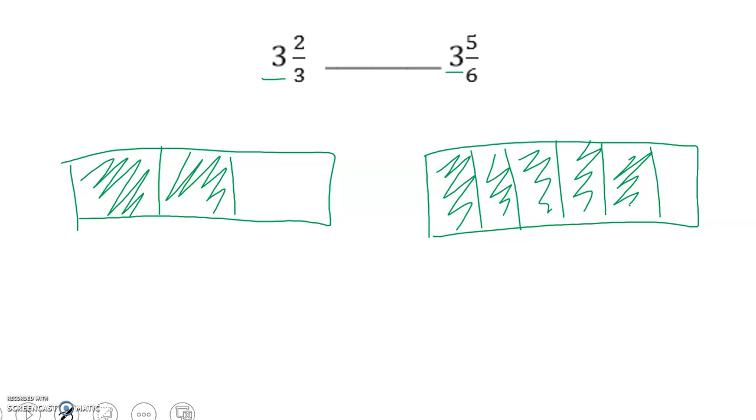Let's see. 2/3 is 1 unit away from the whole. 5/6 is 1 unit away from the whole. But which is actually closer to the whole thing? Well, I know that thirds are bigger than sixths, right?